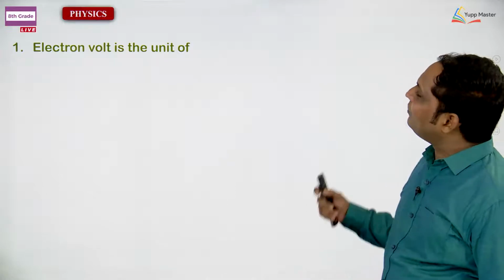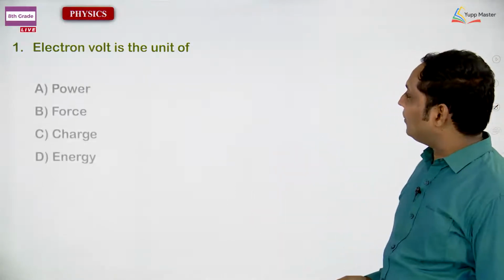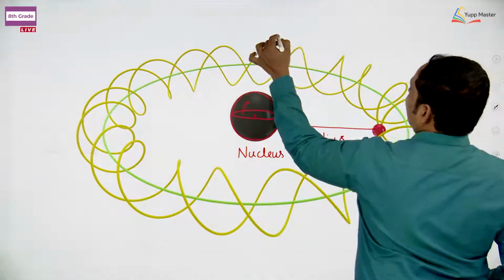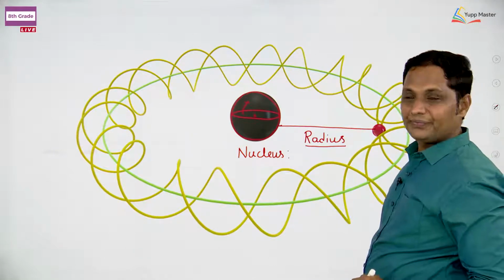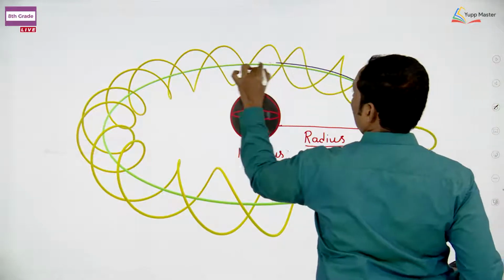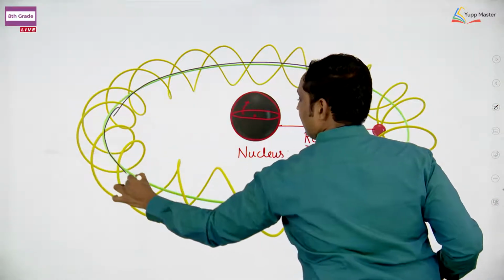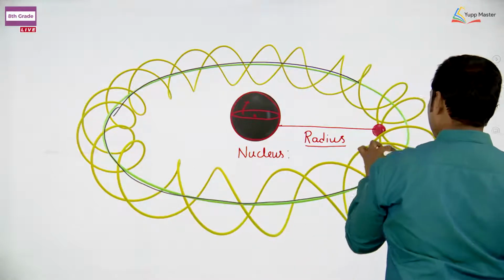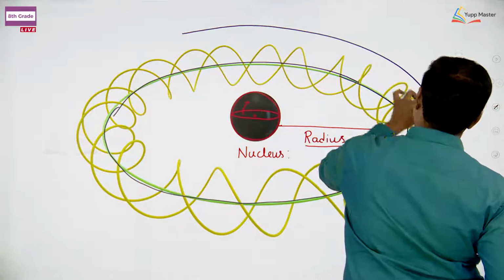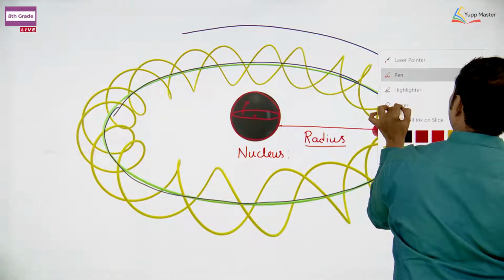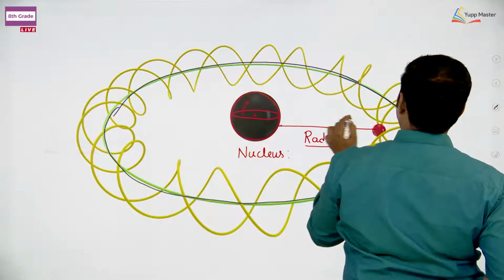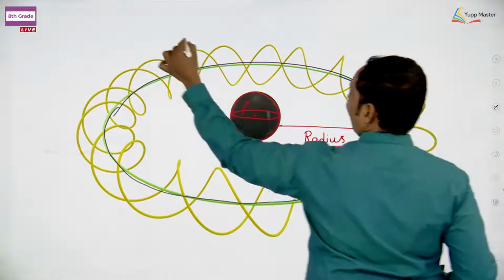Do you know electron volt is the unit of, just we have to take this one. So if you are taking that, electron is revolving in its path. Suppose this is the second one.